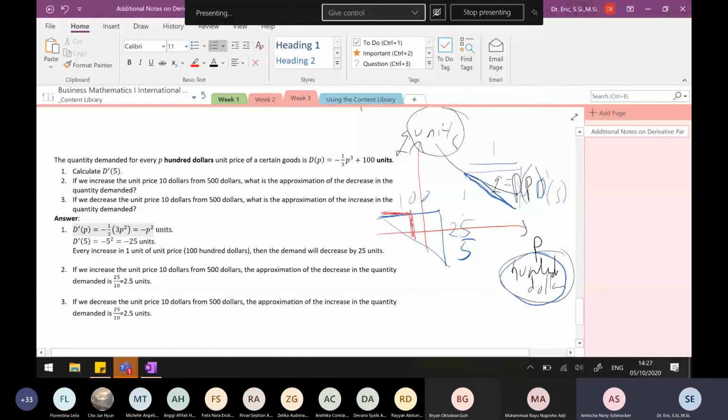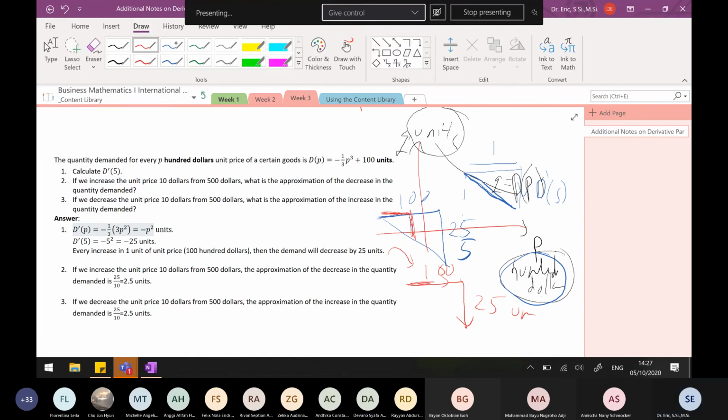Anisha, if you increase the unit price by $100, the demand will decrease by 25 units. So if you increase by 10, how many, Anisha? If you increase by 100, you will decrease the demand by 25 units.